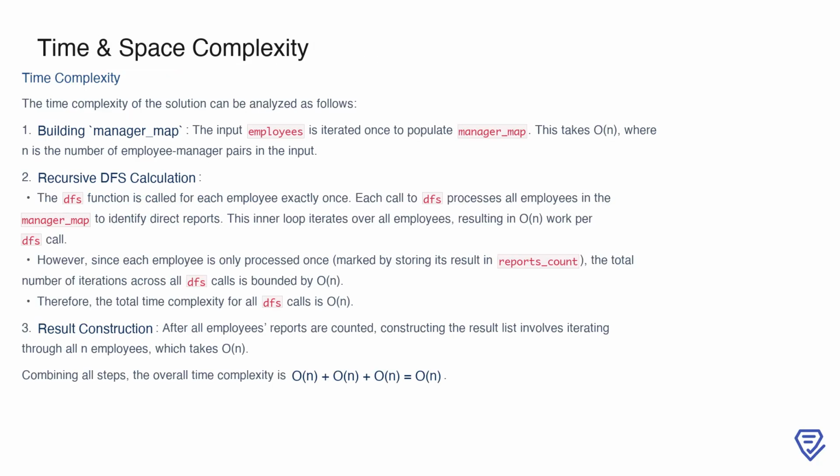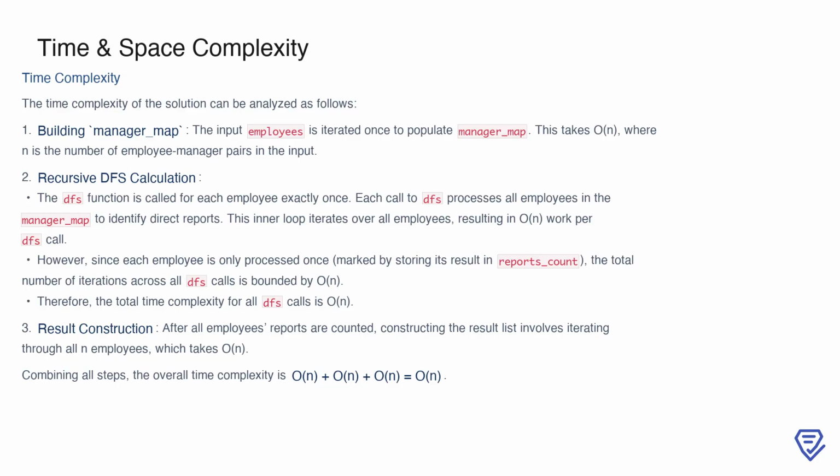To analyze the time complexity of our solution, let's break it down into 3 main steps. First, we build the manager_map by iterating through the employee's input exactly once. Since we are processing each employee-manager pair in the input, this step requires O(n) time, where n is the total number of pairs. Next, the recursive depth-first search, or DFS, is invoked for each employee exactly once.